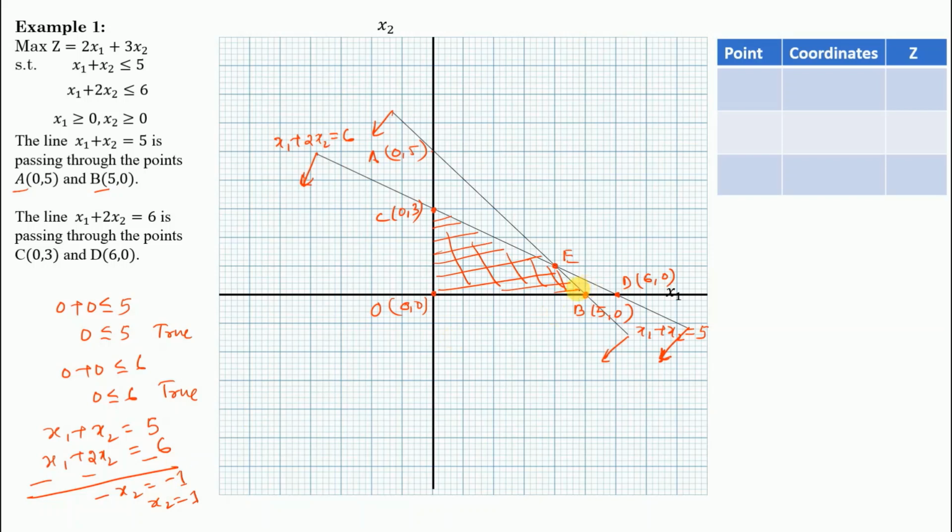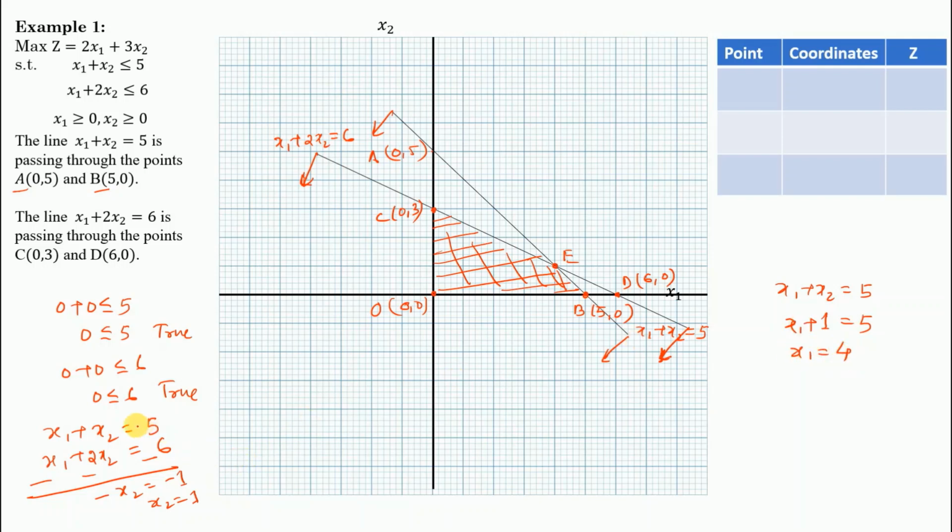Now x1 plus x2 equal to 5, and x2 equal to 1. So x1 plus 1 equal to 5, x1 equal to 4.